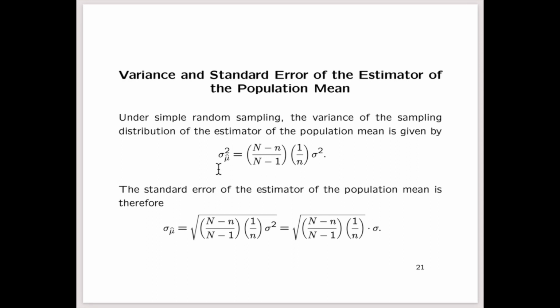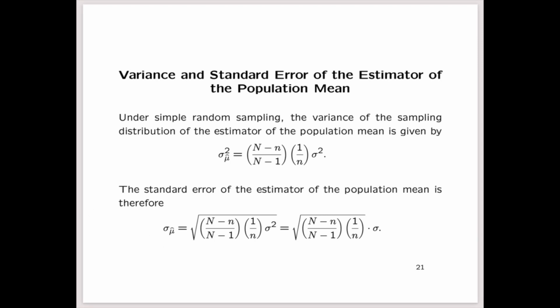So we will not be able to compute the variance of the sampling distribution of mu hat. And if we don't know the population variance, we won't know the population standard deviation. And so, again, we will not be able to compute the standard error of mu hat in a real-world problem.